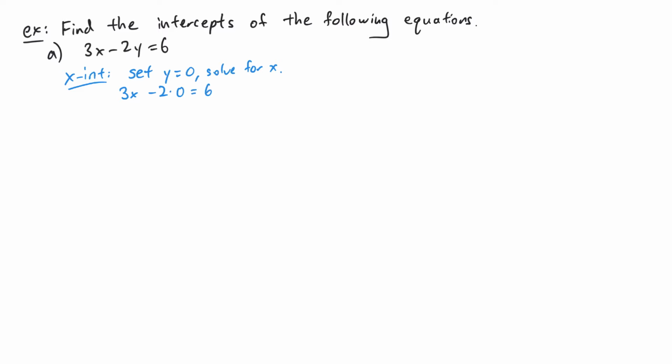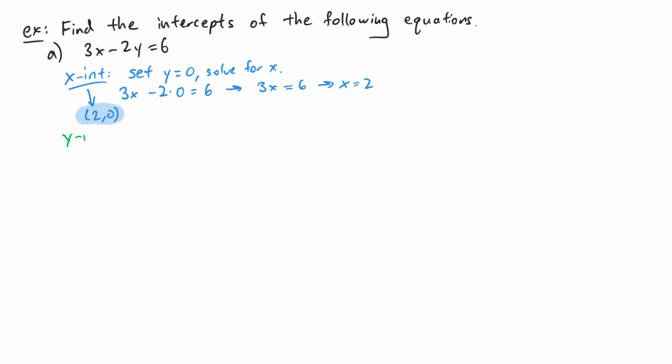Simplifying the left-hand side there, we get 3x equals 6. Then if we divide both sides by 3, we get x equals 2. This tells us that when the y-coordinate is 0, the corresponding x-coordinate has to be 2 to satisfy our equation. So this means that our x-intercept here is the point 2, 0.